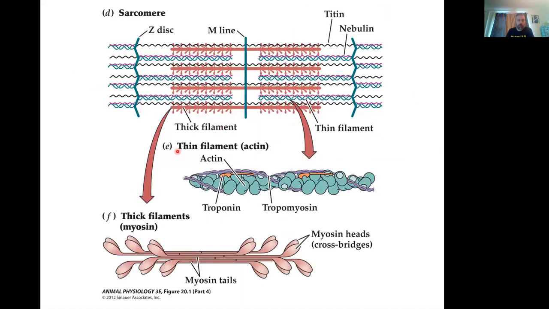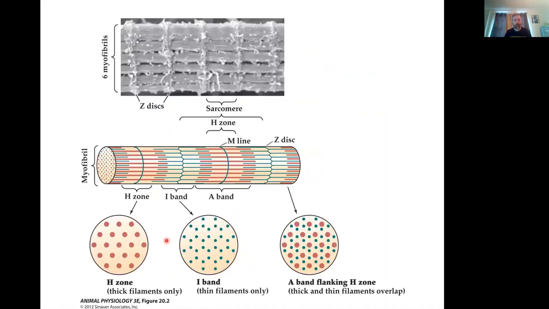These are the thin filaments here in blue, and these are made of a protein, primarily actin, okay? But there's also going to be troponin and tropomyosin that become important for us later on. All right, so thin filaments, and then we've got thick filaments, which are made almost entirely out of a protein called myosin. And they are arranged such that they overlap, right? They partially overlap, they interfinger is maybe another way to describe it.